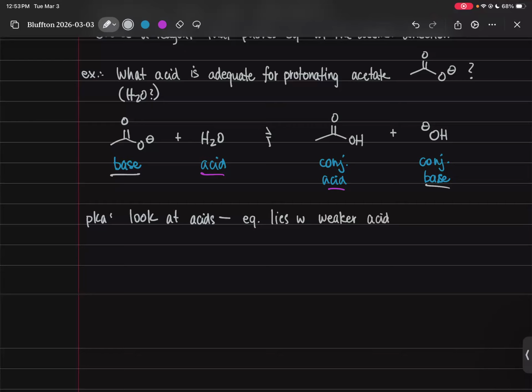So if we look at the acids, the equilibrium lies on the side of the weaker acid, with the more stable base.